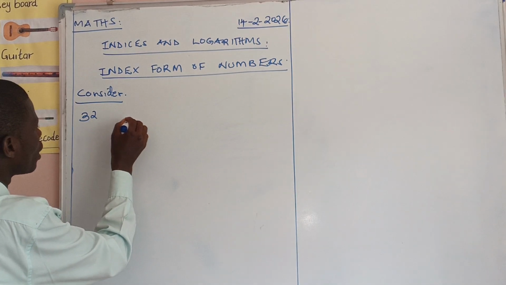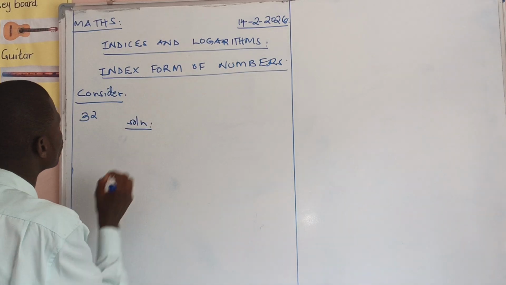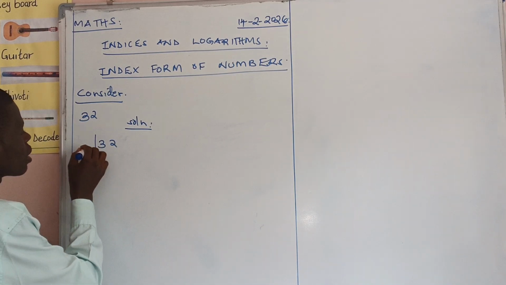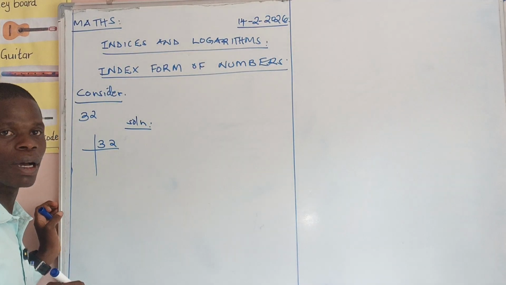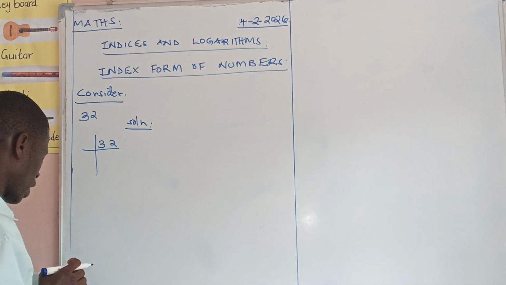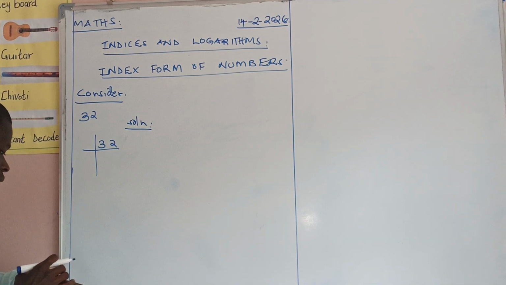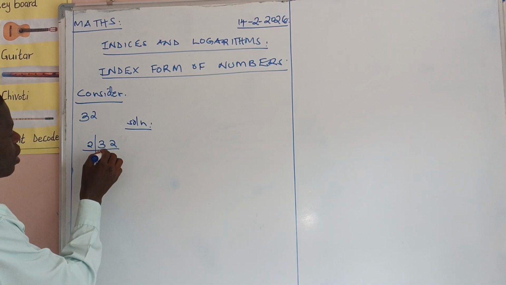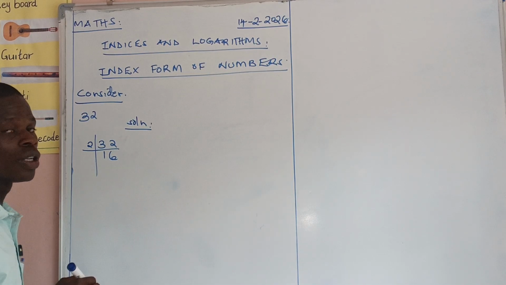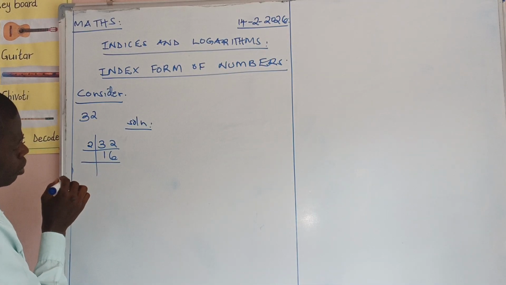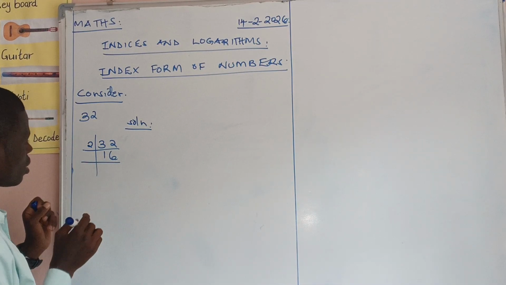So, solution here, we have 32, then we ask ourselves, what is the smallest prime number that can divide 32? The smallest prime number that can divide 32 is 2. So 2 divides 32 how many times? 16. Still 2 can divide 16.